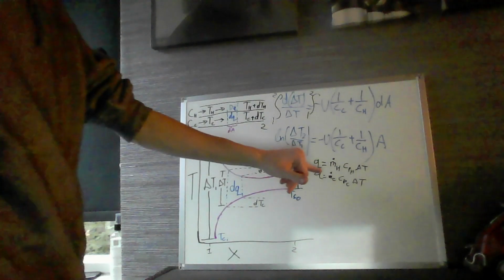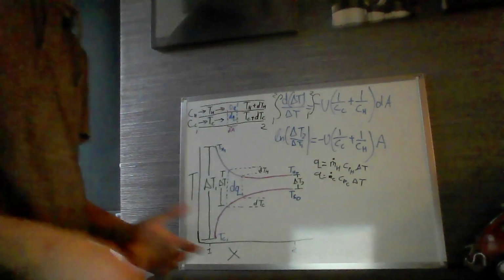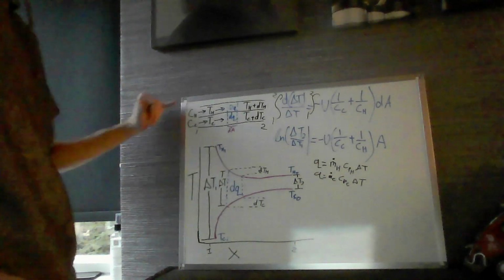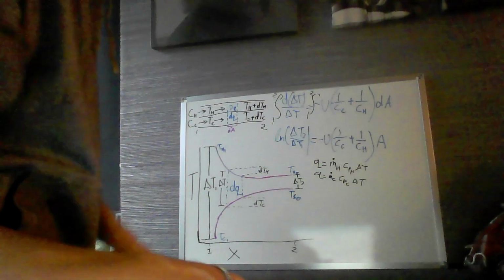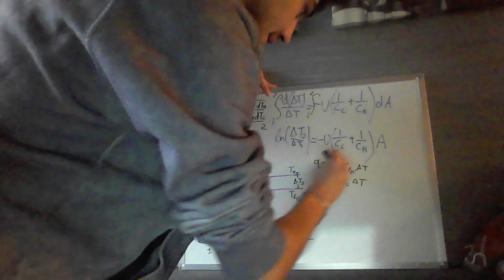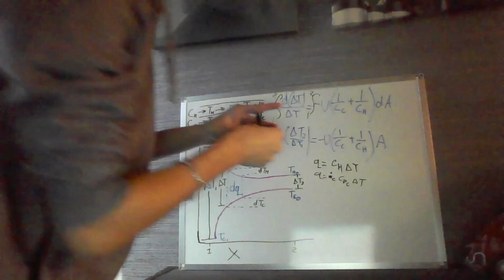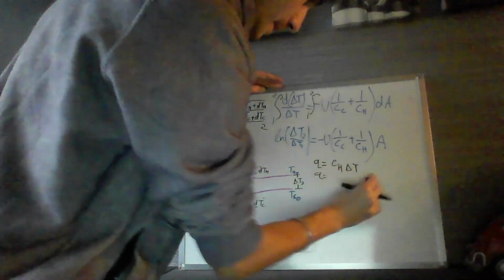And also m cp, we know again that we can replace it with these. So we can write this as being C for the hot multiplied by delta T, and the same for the bottom, C for the cold, delta T.